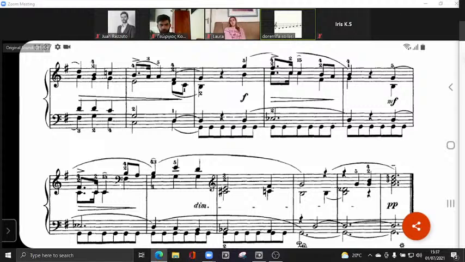And in those measures, we also have a counter melody in the tenor. And again, it repeats. And well, finally, a couple more measures until we reach the tonic chord. Now let's get to the orchestration.